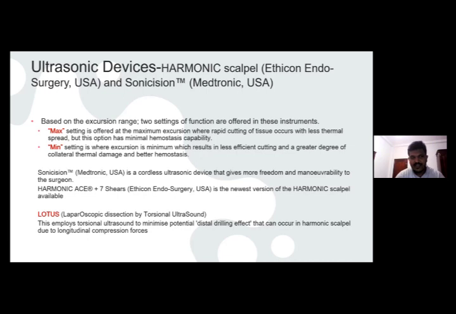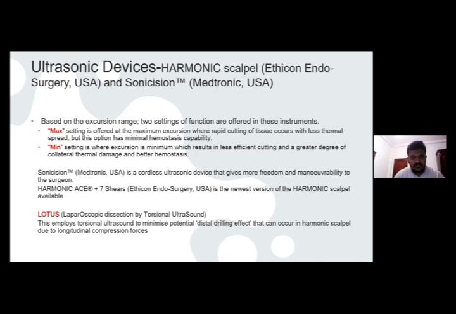In the maximum setting, there is rapid cutting of tissue with minimal hemostasis capability, and in the minimum setting, there will be less efficient cutting, but greater thermal damage and better hemostasis. So if our aim is to do hemostasis, we need to activate the minimum setting.